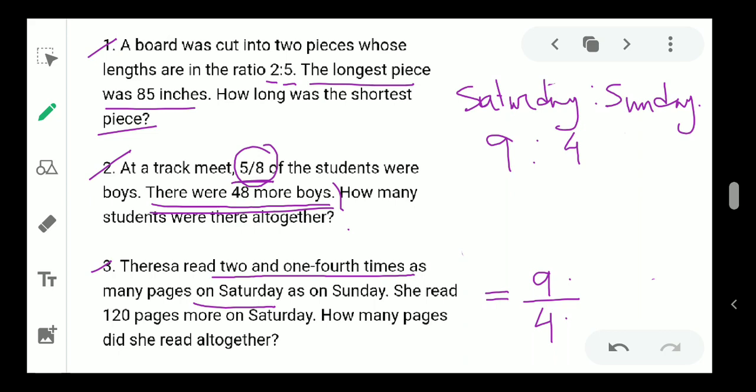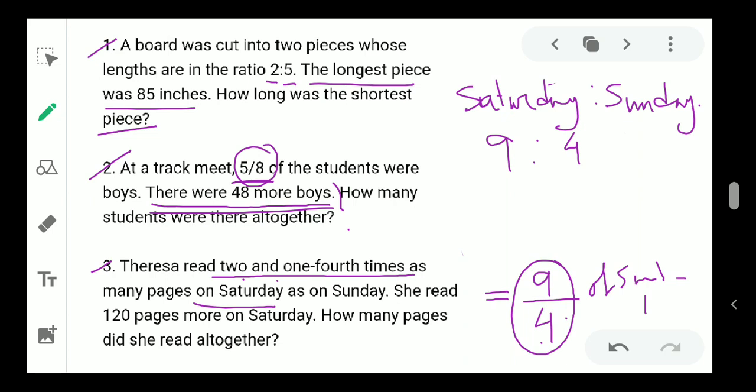Now why? Saturday she has read 2 and 1/4, that is 9/4 of Sunday. That means if Sunday she has read 1, then Saturday she has read 9/4.